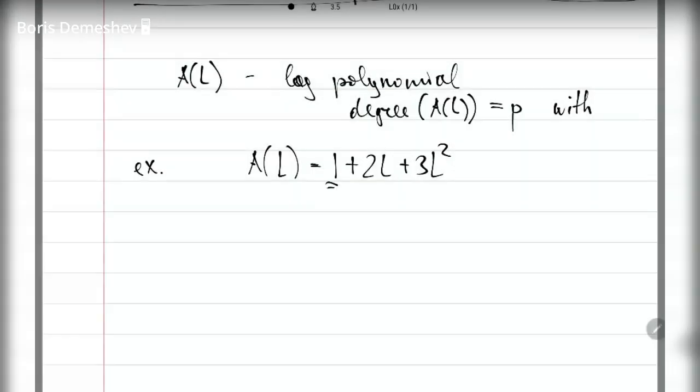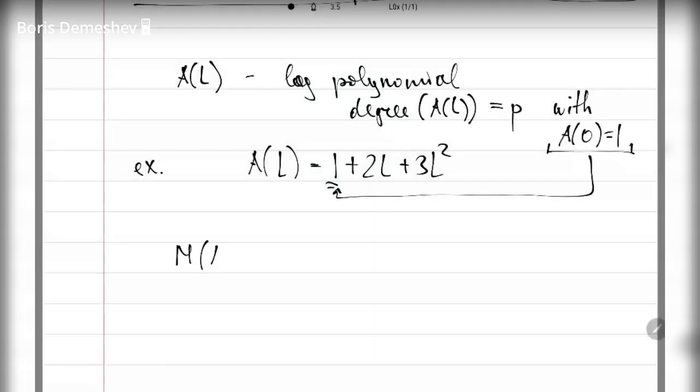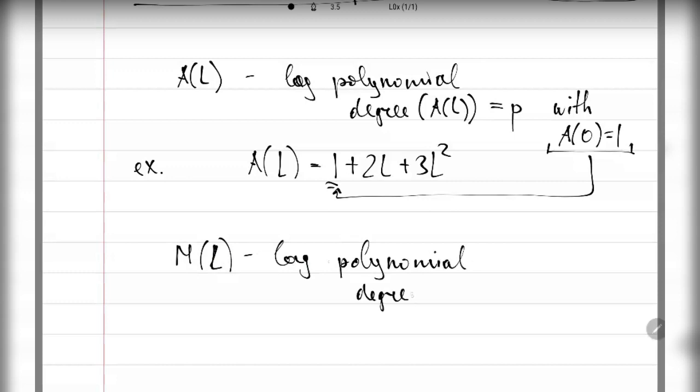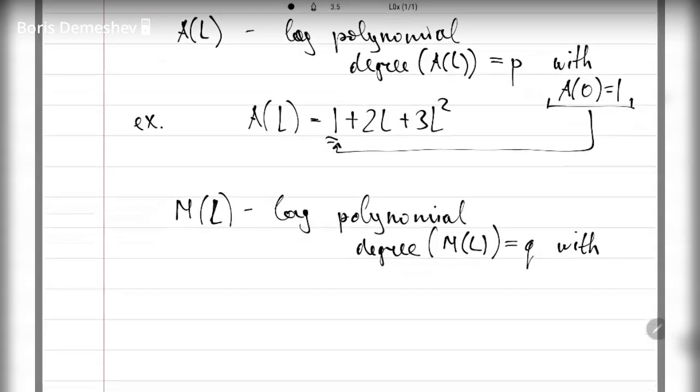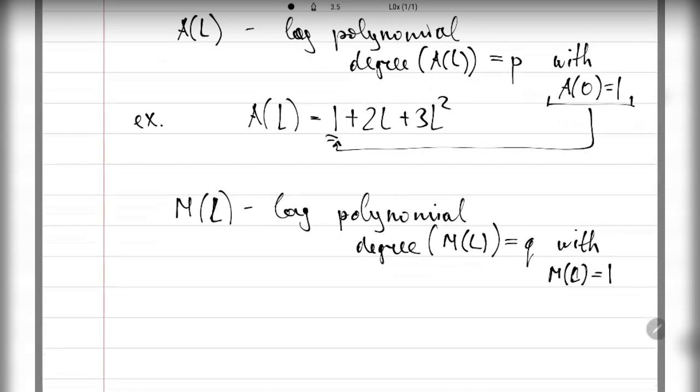That means A of 0 is 1. M of L will be another lag polynomial with probably different degree, Q, and the same normalizing condition applies. So M of 0 will be 1.